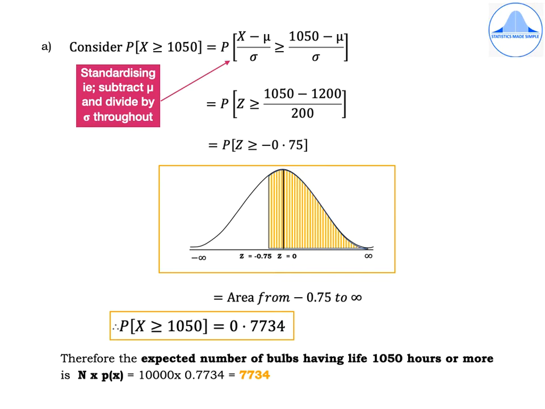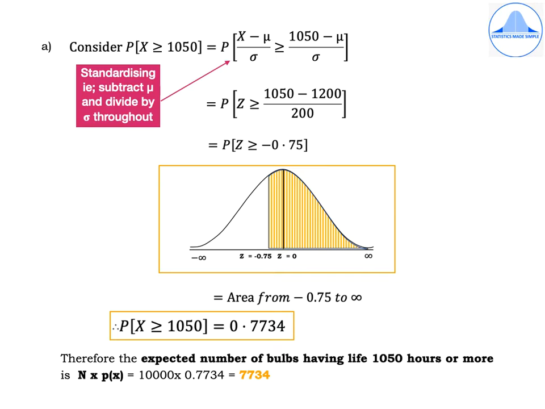You know that (x minus mu) by sigma is z, and mu in the problem is 1200 and sigma is 200. So the second step, you'll get the expression as equal to probability of z greater than or equal to (1050 minus 1200) divided by 200, which simplifies to probability of z greater than or equal to minus 0.75.